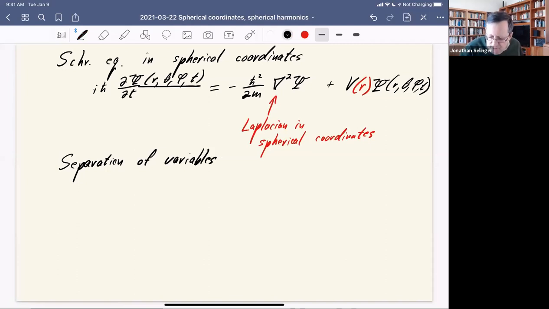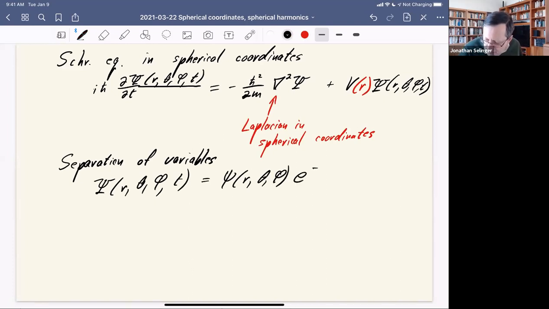the first step is the same as always, to say that ψ of r, θ, φ, and time is some time independent thing times e to the minus iEt over ħ. This always works in any coordinate system.